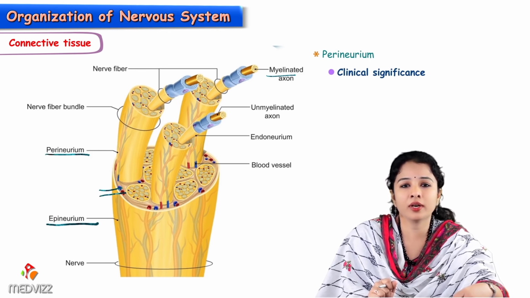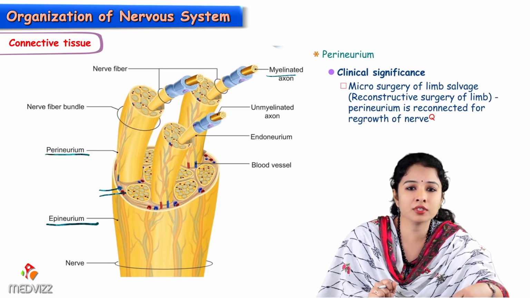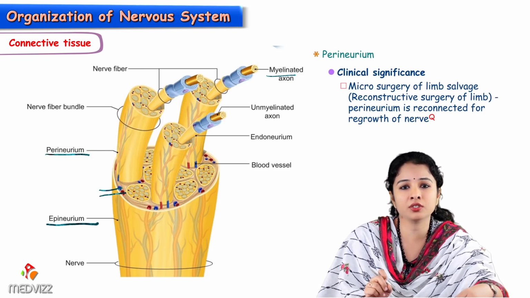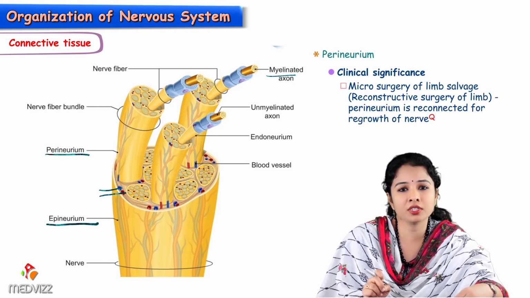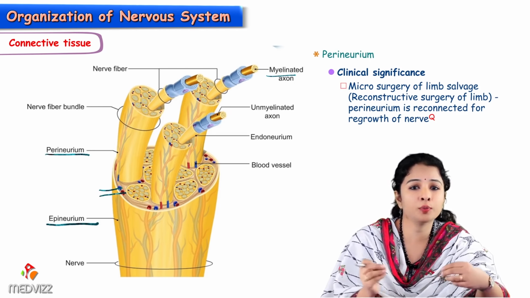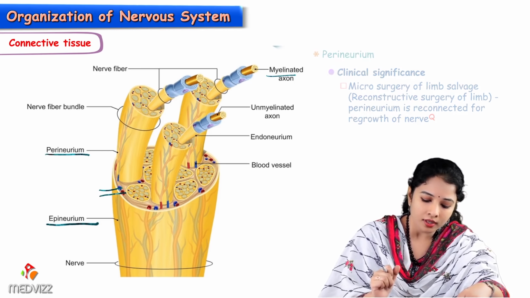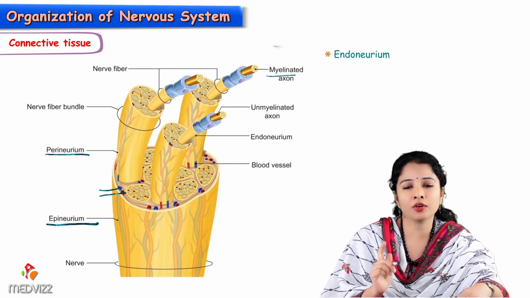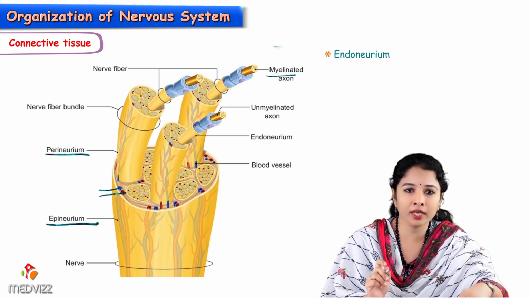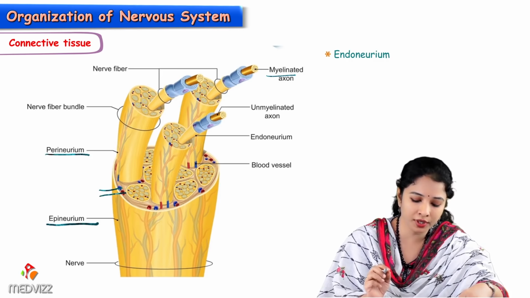Perineurium is clinically quite significant during microsurgery of limb salvage, meaning reconstructive surgeries of the limb. During this procedure, this layer needs to be reconnected for regrowth of the nerve. The innermost layer, which surrounds each single nerve fiber, is called endoneurium.